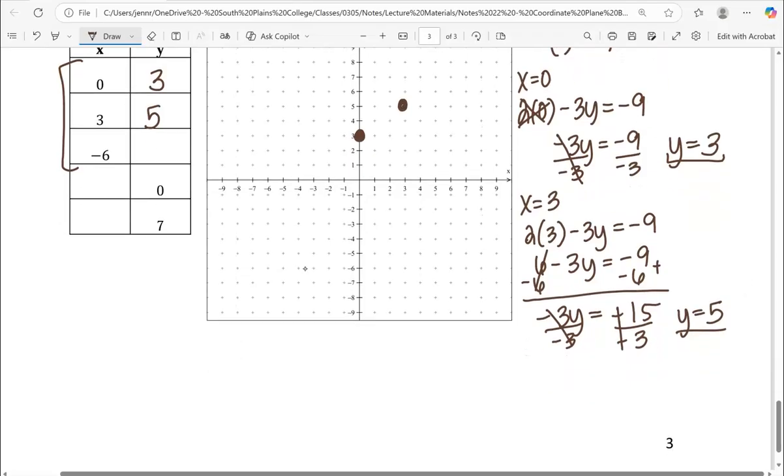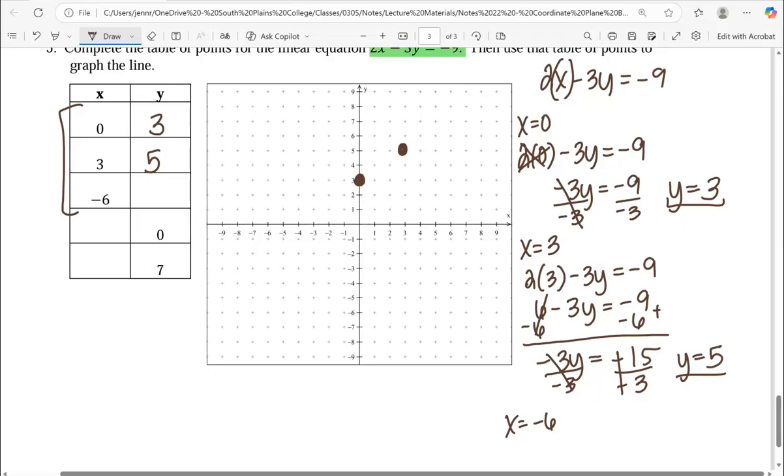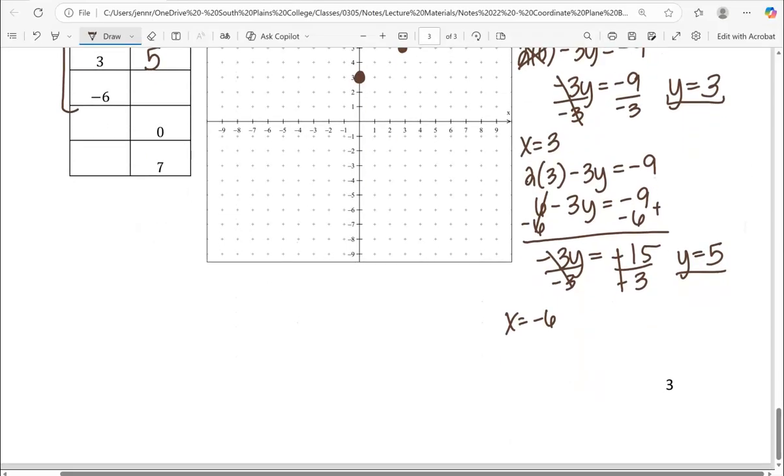Let's do one more of those, plugging in negative 6. So I have 2, plug in negative 6. I still have a minus 3y equals negative 9. Well, 2 times negative 6, we're going to multiply those together first to simplify our life.